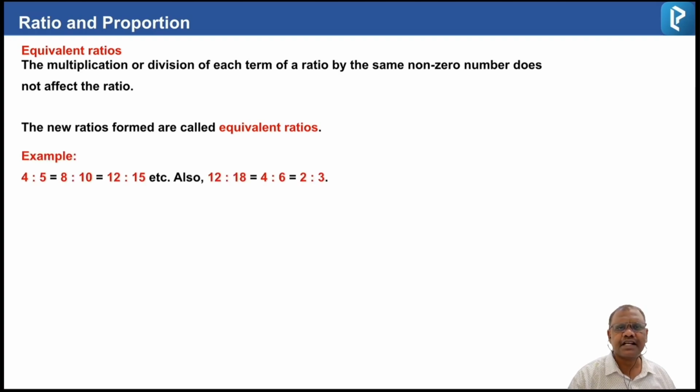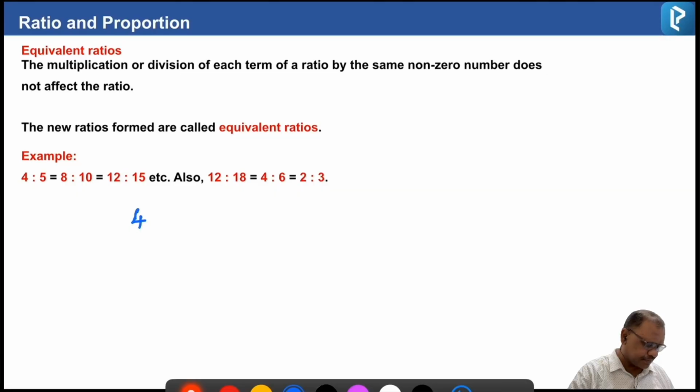So let us see, for example, we are given a ratio 4 is to 5. If both the terms are multiplied by 2, what do we get? 8 and 10.